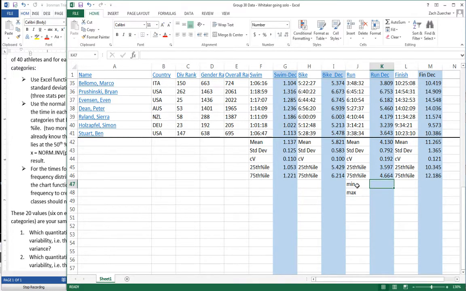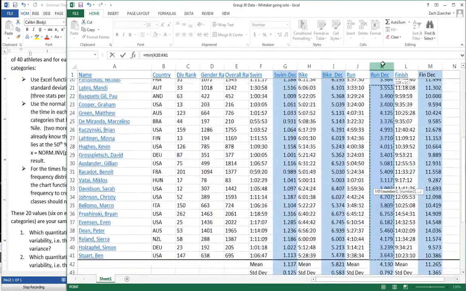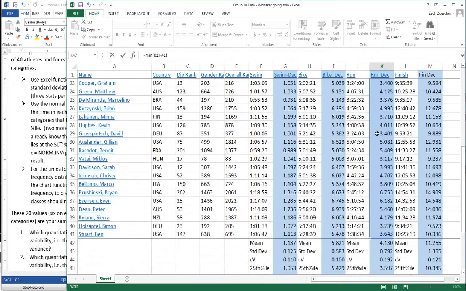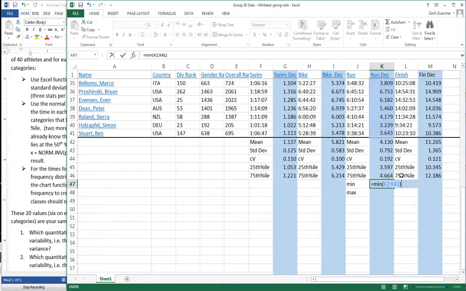So let's just use this function in Excel, the minimum function, min, and we have everything from K2 to K41 in that function.